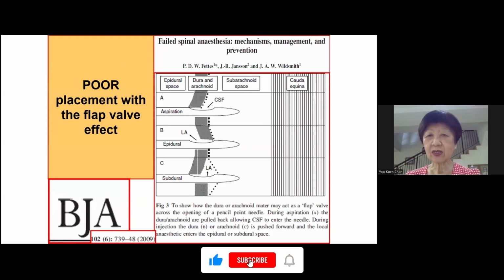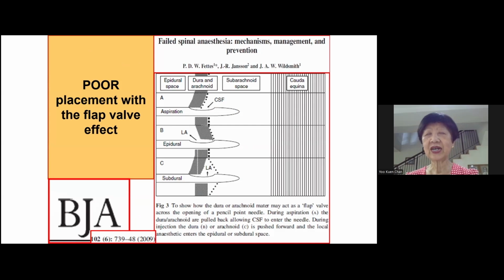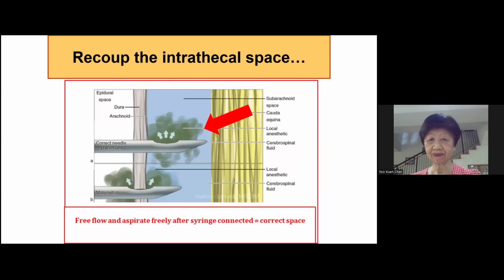It is a definitive indicator that I'm in the correct space, but never all the time, especially if you are not mindful of the fact that you have to be fixed, locked onto the patient's body with your hand movements, so as not to allow the drugs to be dispensed anywhere or to experience movement of this outlet away from the intrathecal space.